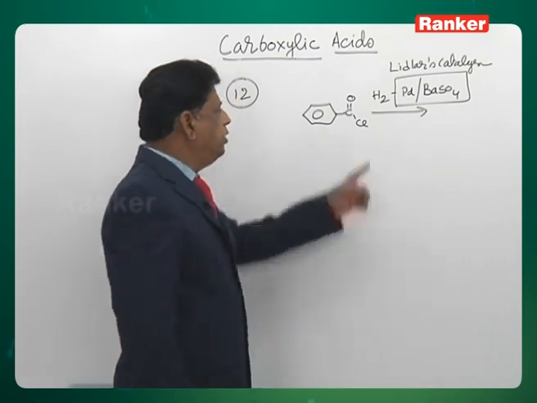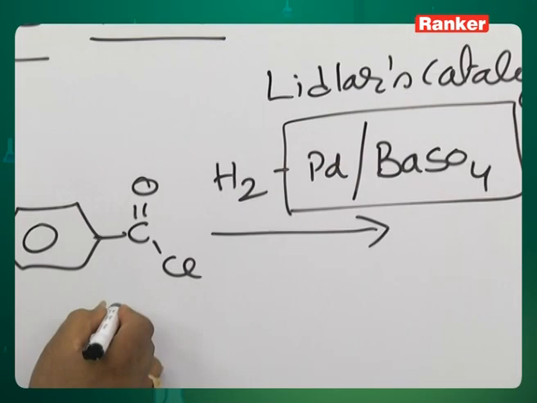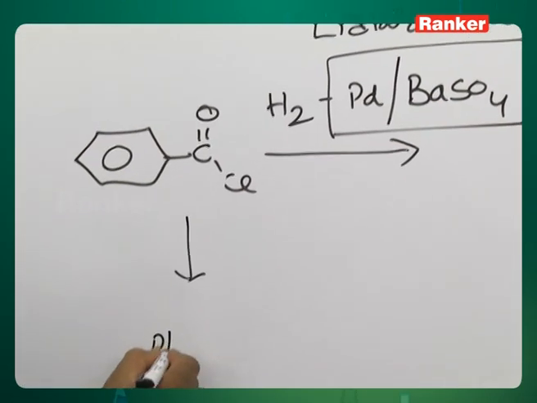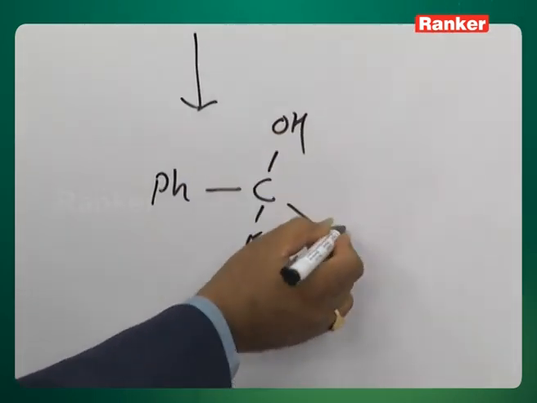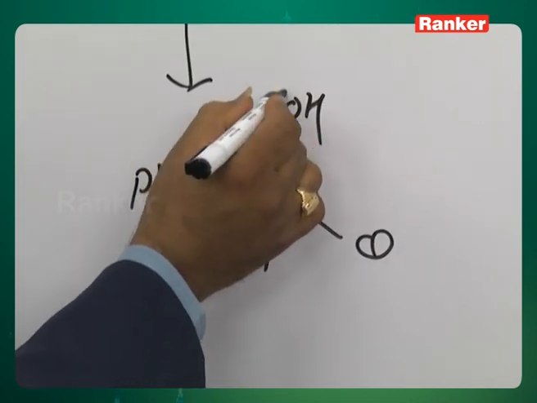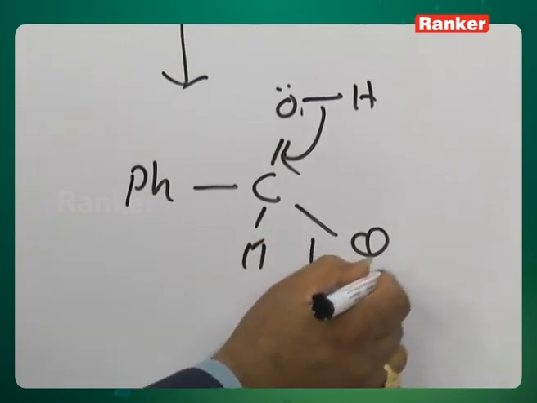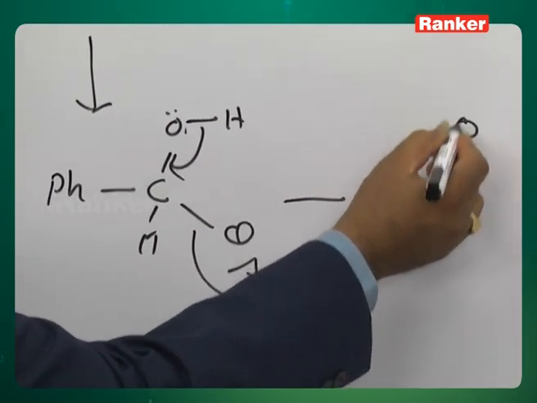The hydrogen will add across the C=O and C-Cl. Initially H and H are added, so the compound becomes C with one H, OH and Cl, but OH and Cl will not exist on the same carbon. So HCl will eliminate, and you will get benzaldehyde.